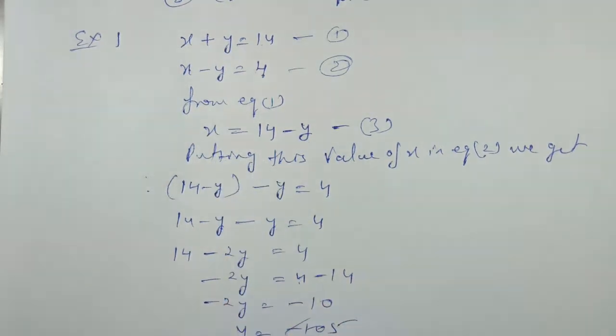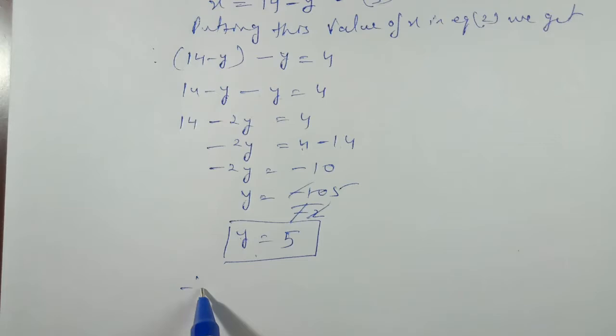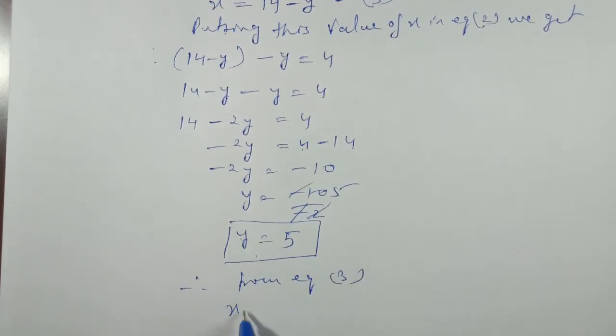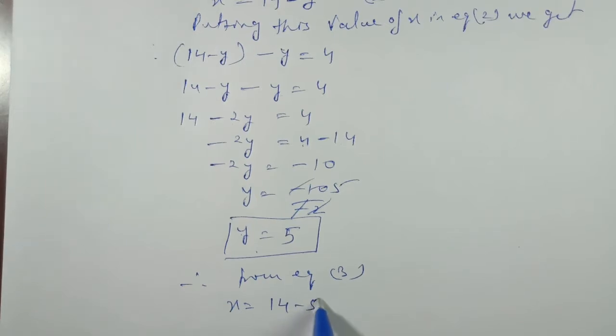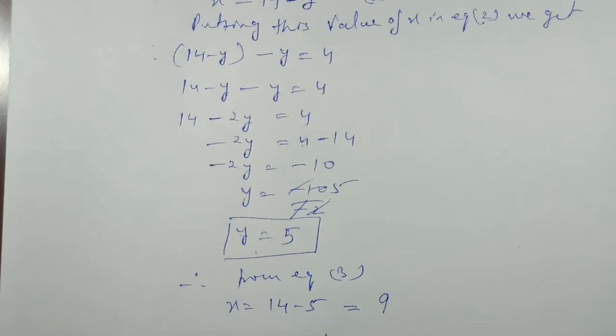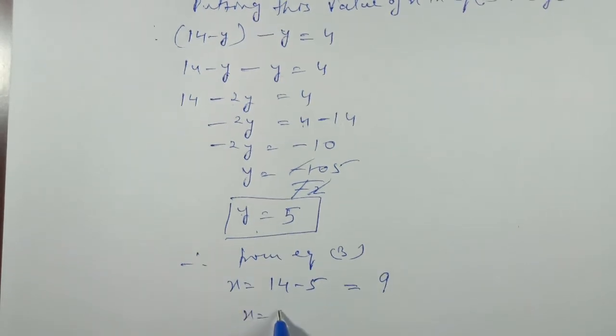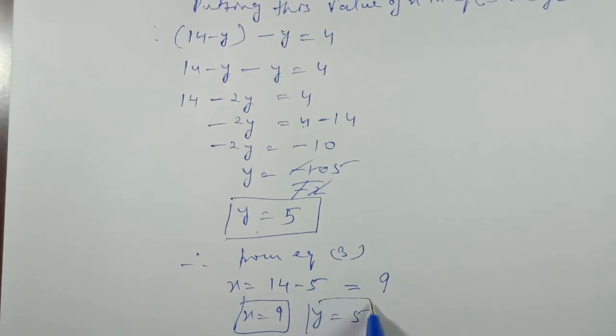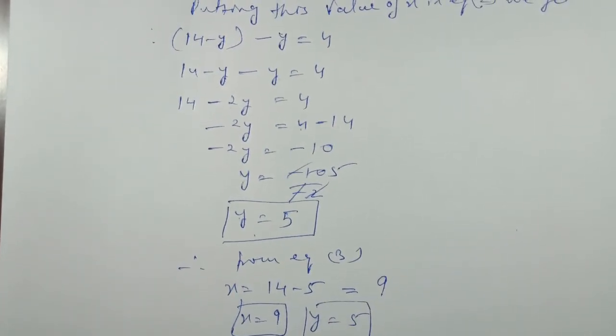Solution means the value of the variables. So from equation 3 we get x equal to 14 minus 5, that is equal to 9. So the value of x is equal to 9 and y is equal to 5. These are the solutions of the equations.